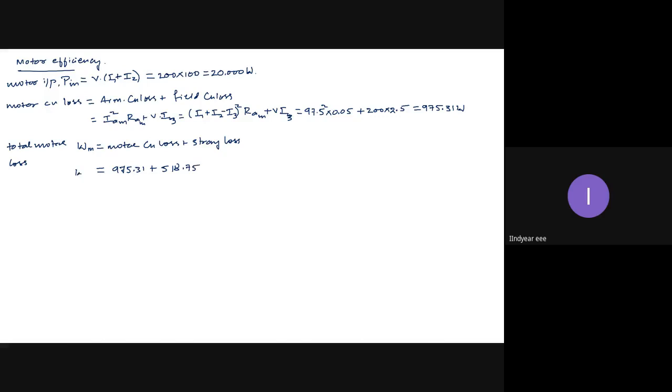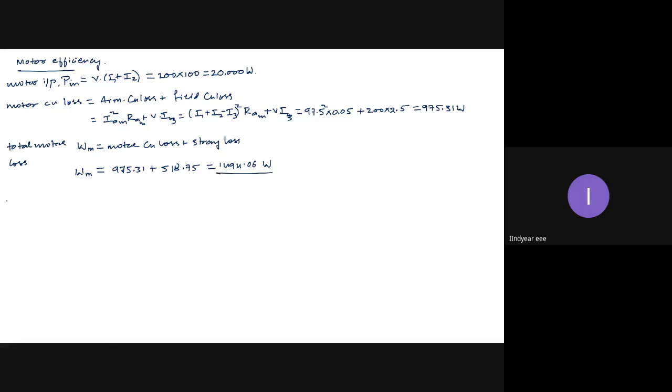So this is WM, which is equal to 1494.06 watts.